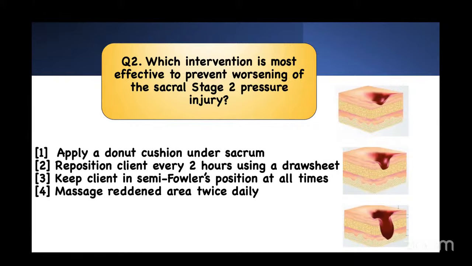Number 2 said reposition. Number 3 said keeping them in one place. So sometimes when you see questions, you'll be able to figure out the answers by looking at options contradicting each other. So 2 and 3 are not talking to each other. They hate each other. Therefore, 2 has to be the right answer, right? So that's what we do.